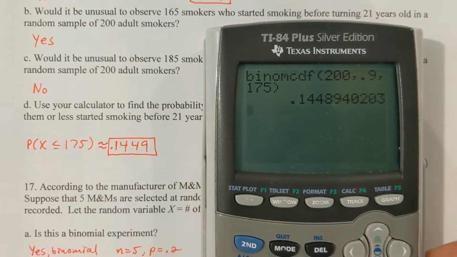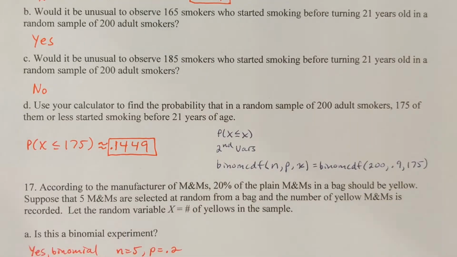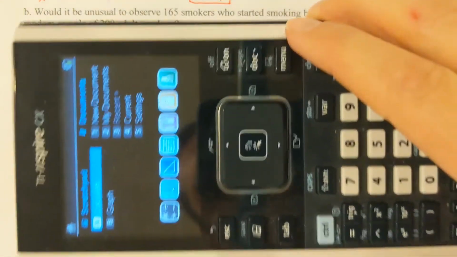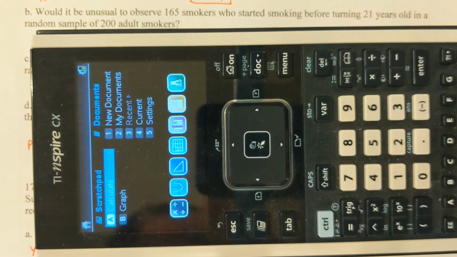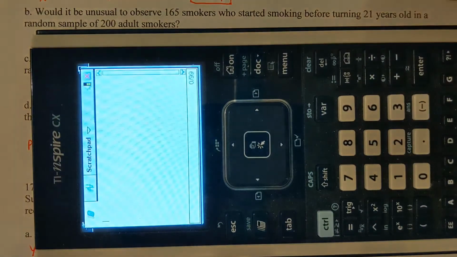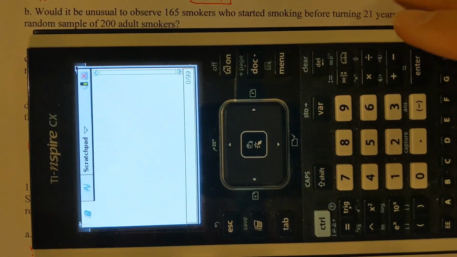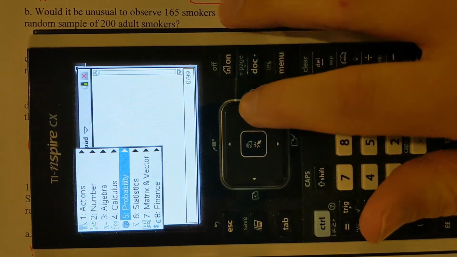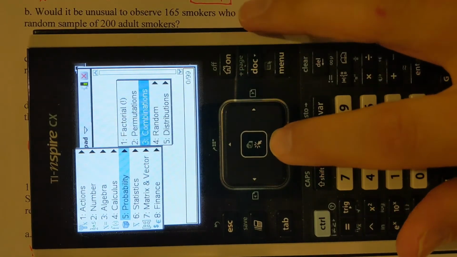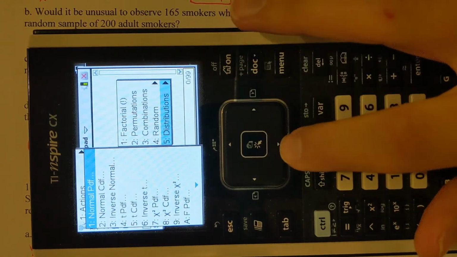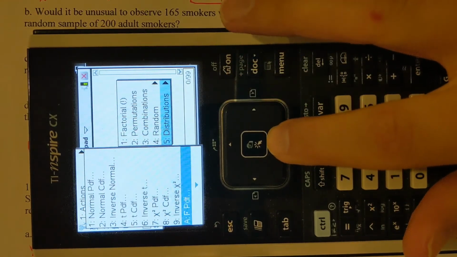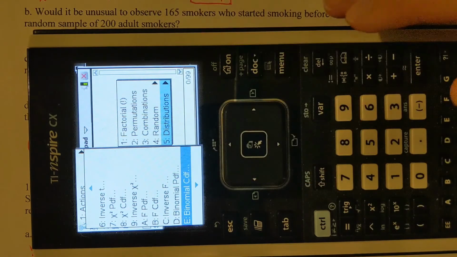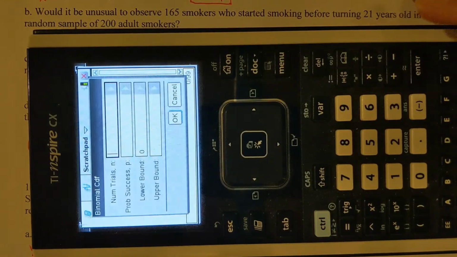On the Inspire model, if you have that, you're going to turn it on and hit Calculate, and then hit Menu, go down to Probability, and then over to Distributions. Then scroll down to where it says binomcdf, hit enter.